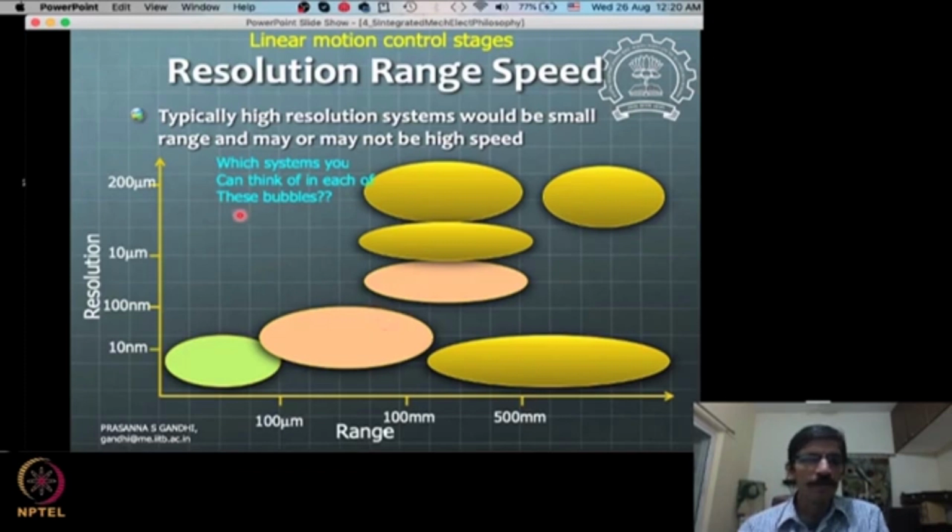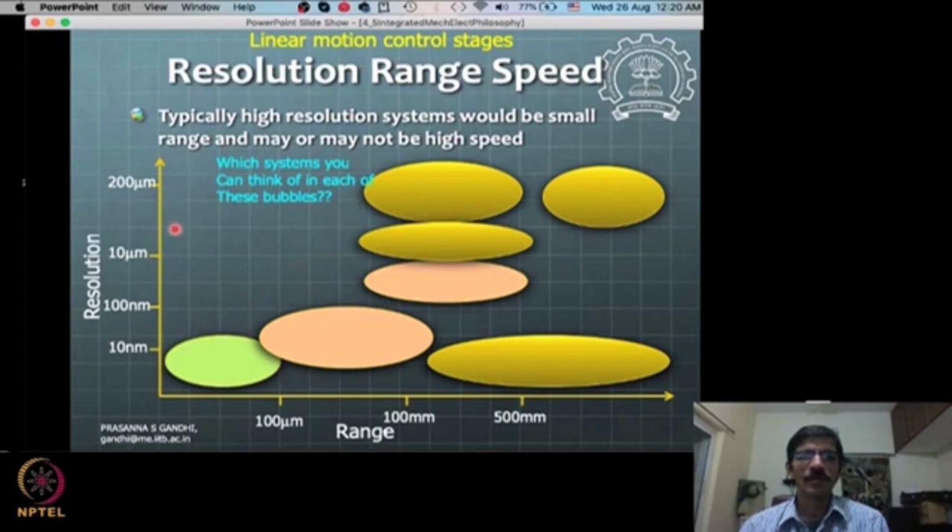Also, typically people may not be interested in this region where the range is very low, almost like the resolution itself. There will not be a requirement where the range is so low that it comes close to the resolution requirement, which is impossible anyway. So this is an unfeasible or empty area.